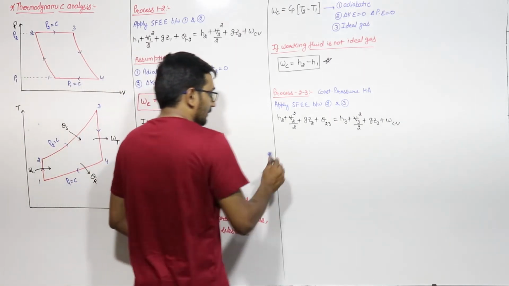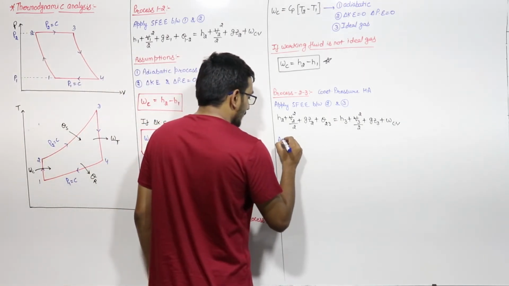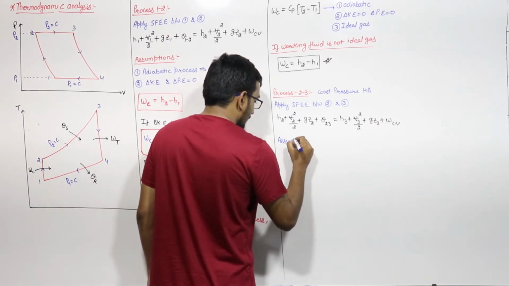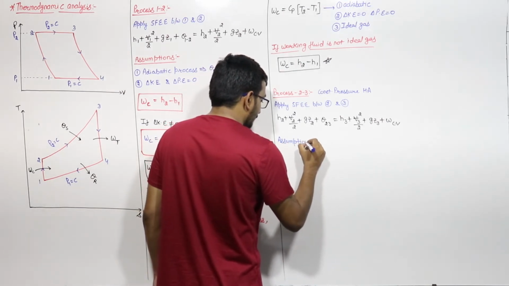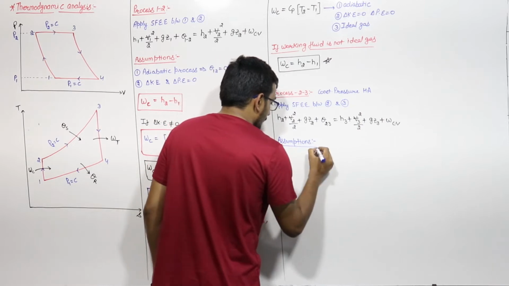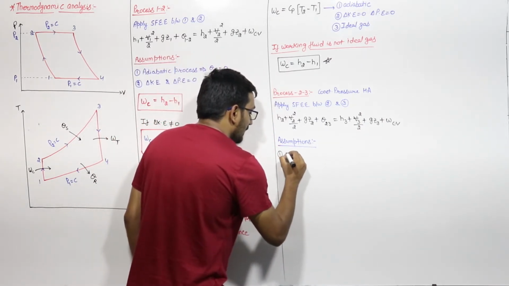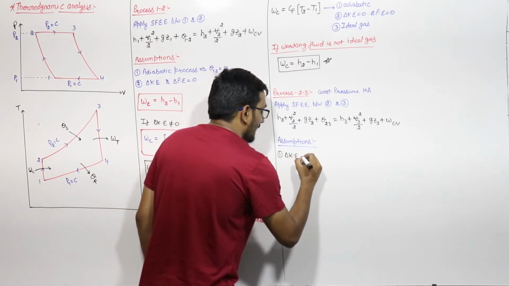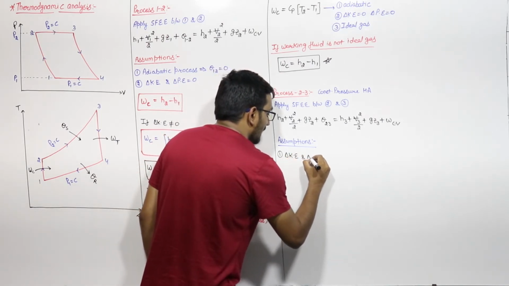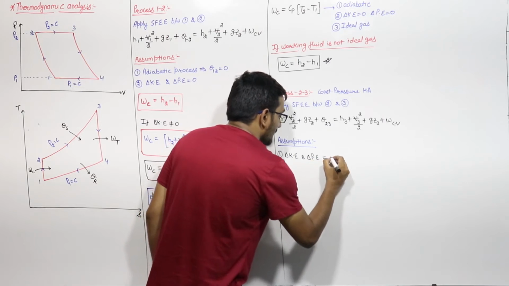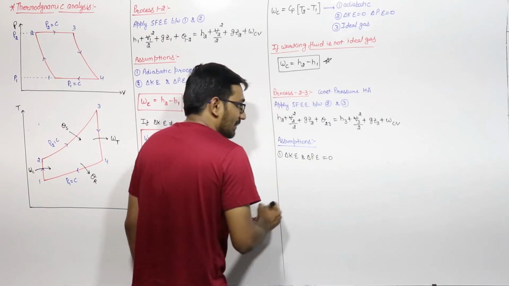Now what will be the assumptions? We have to take some assumptions. If we are assuming that during this heat addition process, changes in kinetic energy and potential energy are zero. This is the first assumption I am assuming.